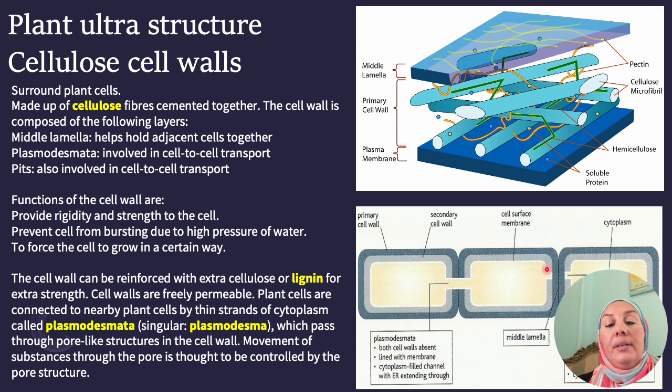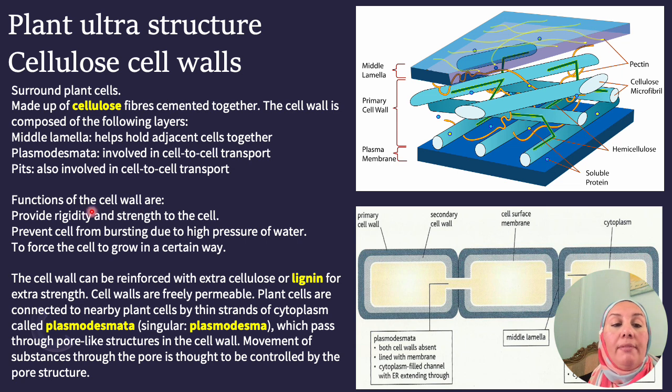So if we want to help movement of substances from one cell to another, let's not make the walls too thick. So let's have small gap-like spaces, and this is what we call a pit. It's an opening in the secondary wall of one cell, and there's another one similar to it in the other cell. So these help also to transport substances, mainly water, from one cell to another.